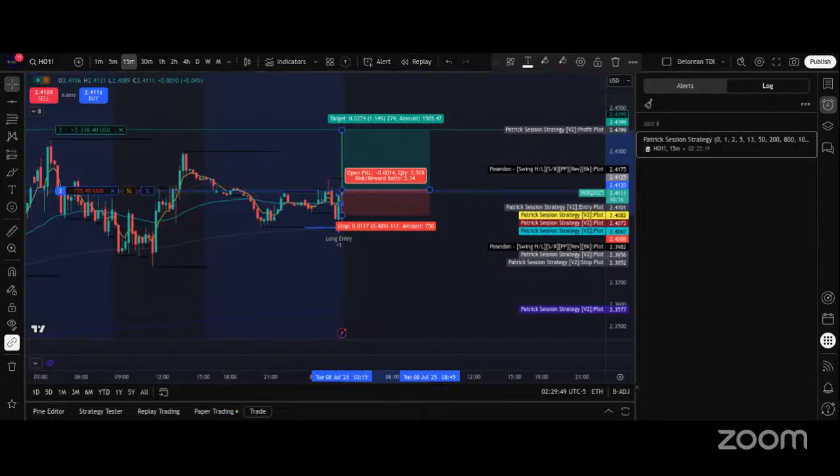That's going to be for 274 pips. Stop loss is going to be 2.4008. That's going to be for 117 pips. And entry price is going to be at 2.4125.